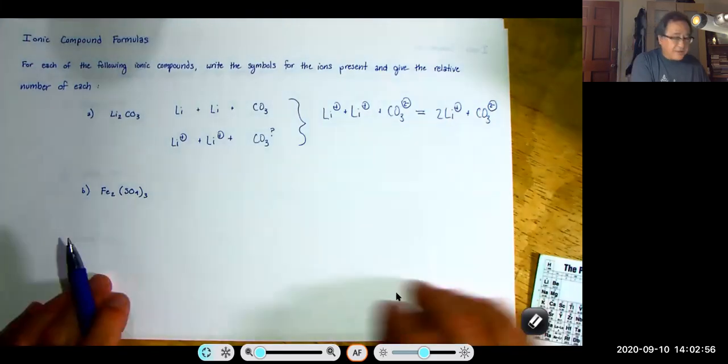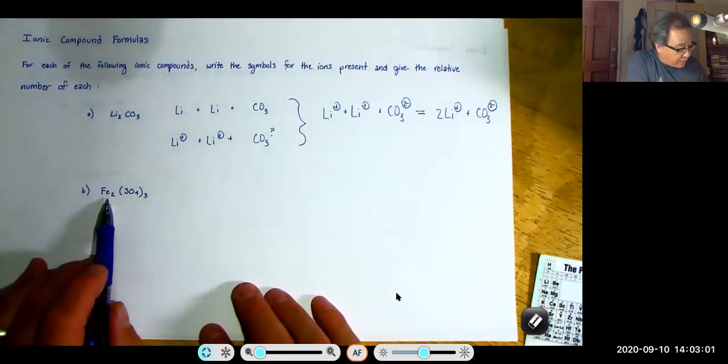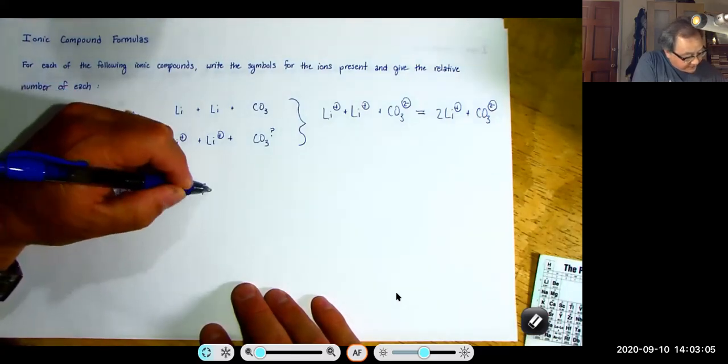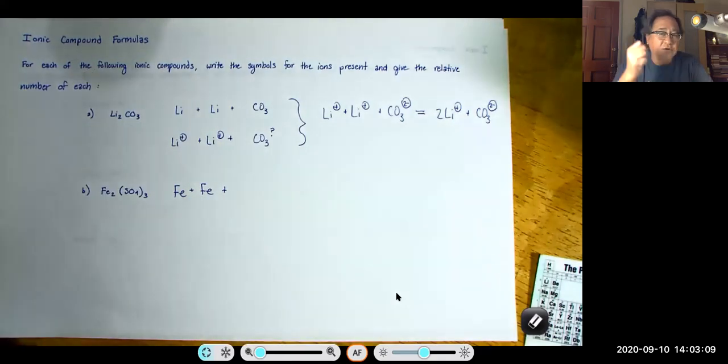All right, let's take a look at this next one. What are the ions? Well, remember, the metal ions are the ones that form the cations, and there are 2 irons. Iron is a variable charge one because it's not in group 1A, 2A, or 3A, and it's not silver, and it's not zinc. So we have to figure out what the charge is on this iron.